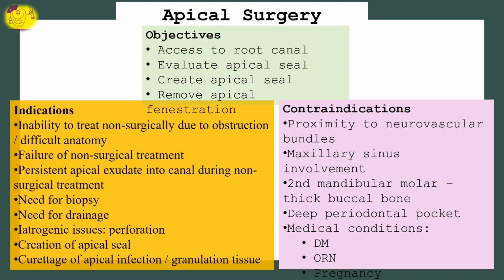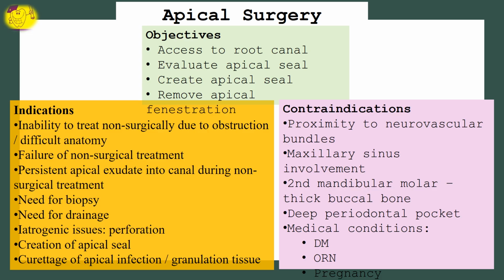When it comes to surgical endodontics, it is chosen when there is difficulty in access to the root canal, when there is difficulty in achieving apical seal using a regular orthograde root canal, and to remove any apical fenestration. Then we perform apical surgery.